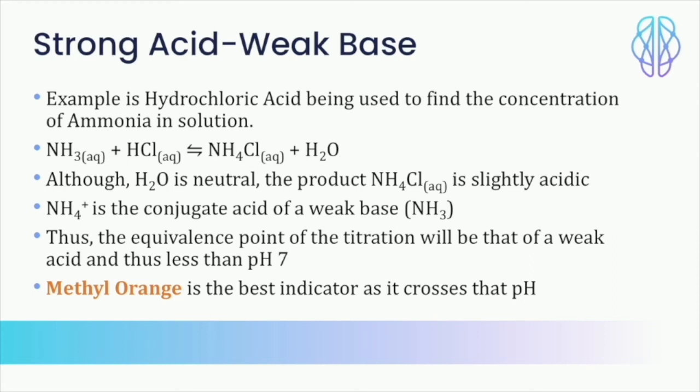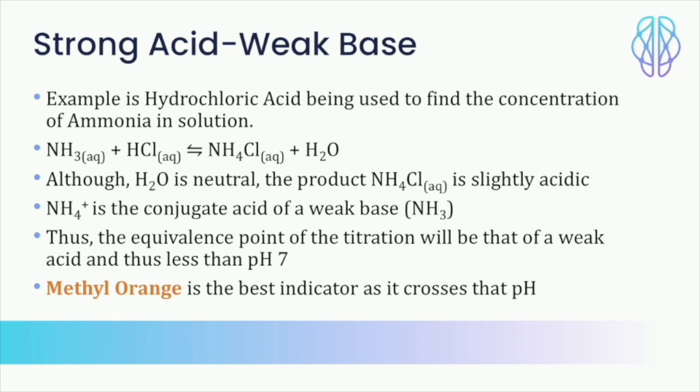In our last example, they were neutral, but here you'll see it's a bit different. So ammonia, NH3, is a weak base. That means the conjugate acid, the NH4 part, is going to be slightly acidic. Just reason that out because it's a conjugate acid.